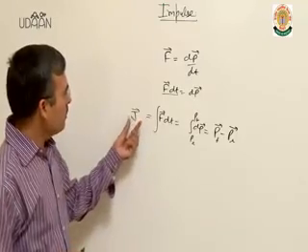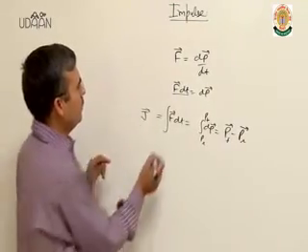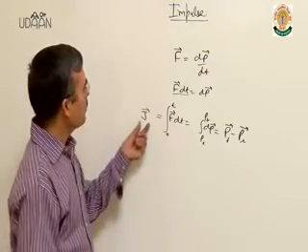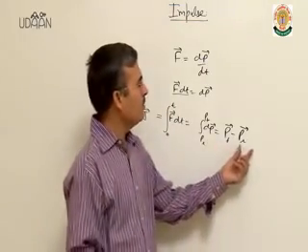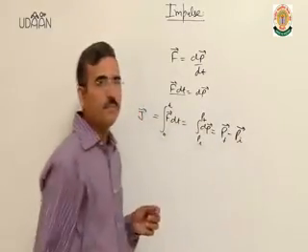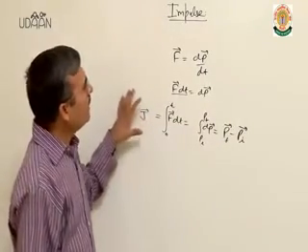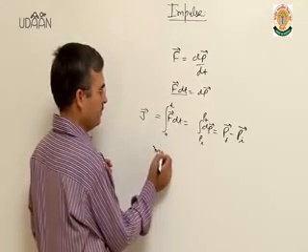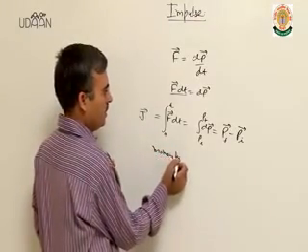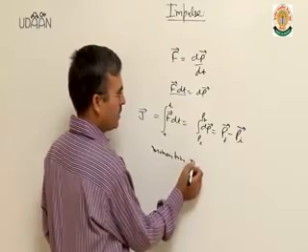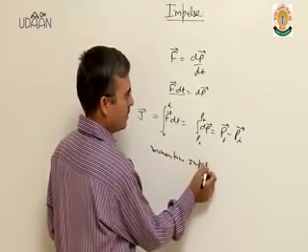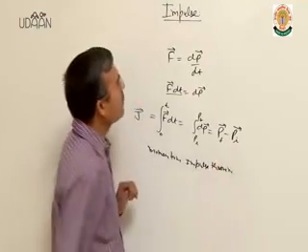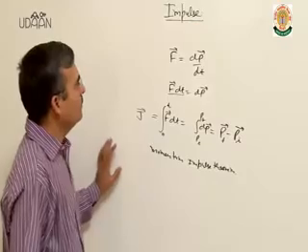The impulse on the body for some time interval equals the change in momentum of the body. It is the momentum impulse theorem also. Very important one.